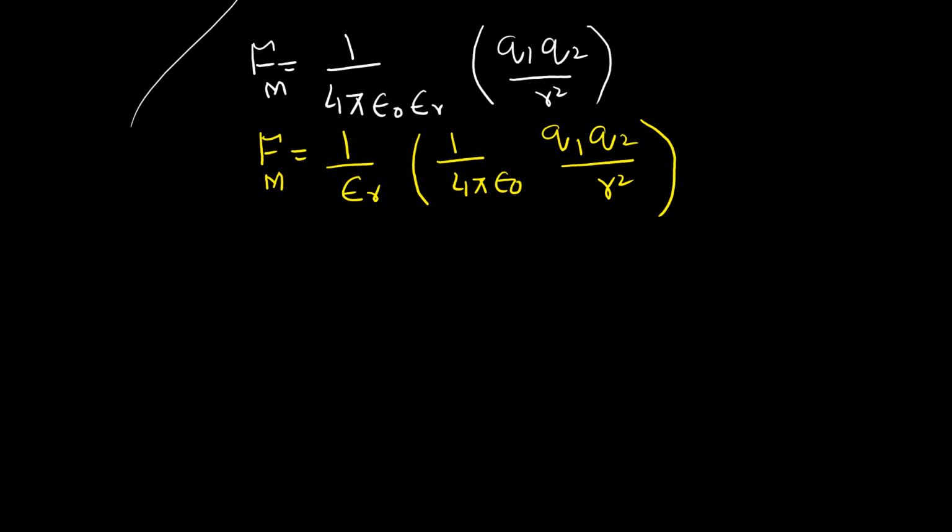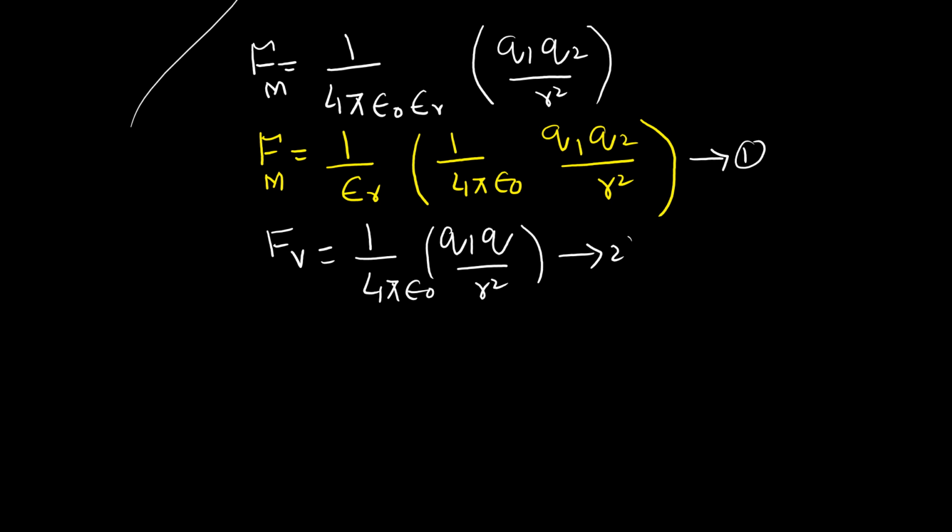Whereas the Coulomb force for vacuum, suppose this is equation number 2, is 1 over 4 pi epsilon naught Q1 Q2 divided by R square. If we incorporate the value of equation number 2 in equation number 1, then the force of a medium is equal to 1 over relative permittivity into the force in a vacuum.